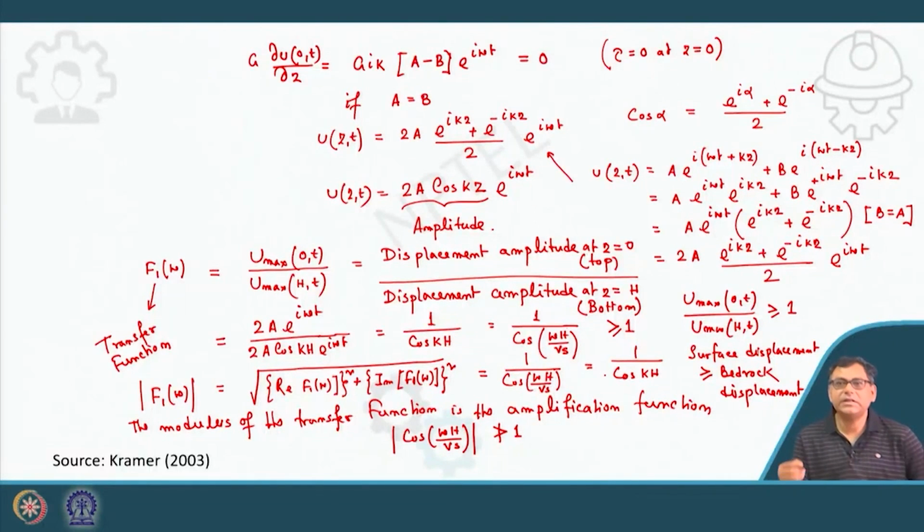So, if I take kh as pi by 2, that will be the maximum value of the modulus of the transfer function, because it is 1 by cos. That is why I am telling that cos pi by 2 will not be the maximum; 1 by cos pi by 2 will be the maximum.